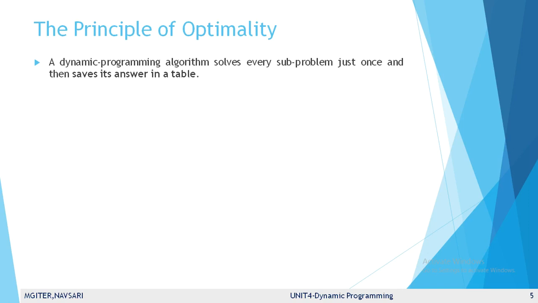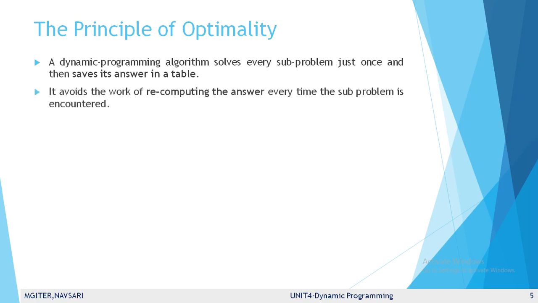The principle of optimality says that a problem can be solved using a sequence of decisions to get the optimal solution. In the greedy method, the decision is taken one time, but in dynamic programming, at every stage we take a decision. Here dynamic programming solves every subproblem just once and then saves its answer into the table, which avoids recomputing the answer of the same subproblem every time it is encountered.